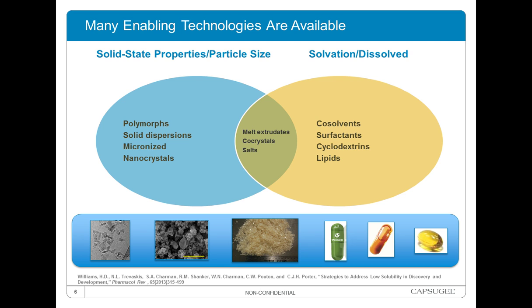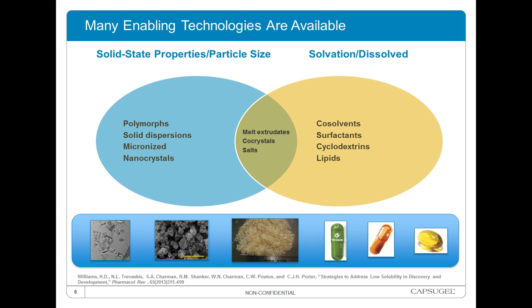Within that space, there are a lot of possible technologies to choose from. In this plot, I've divided it up on the left into physical state properties or particle sizing, things like changing the polymorph of a compound, making an amorphous dispersion, or reducing the particle size by either micronization or by nanomilling.